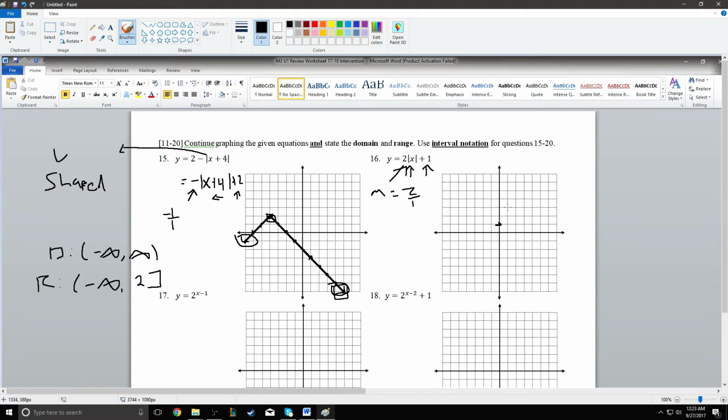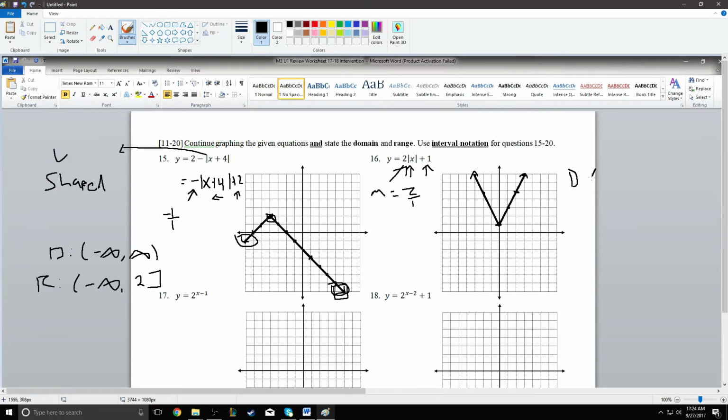Up 2 over 1, put a dot, up 2 over 1, put a dot, up 2 over 1, put a dot, up 2 left 1, put a dot, up 2 left 1, put a dot, up 2 left 1, put a dot. There's our absolute value function. It'd go on forever if I let it.